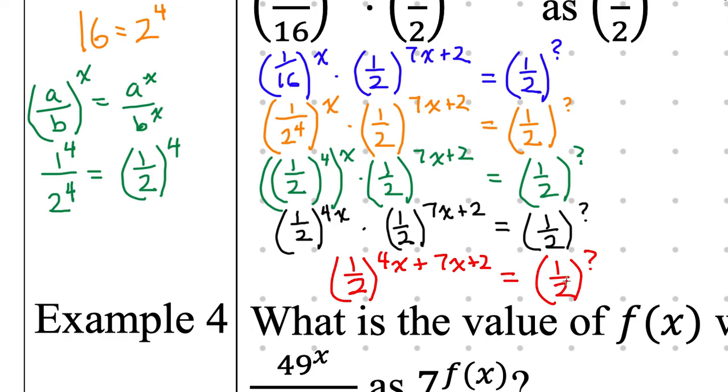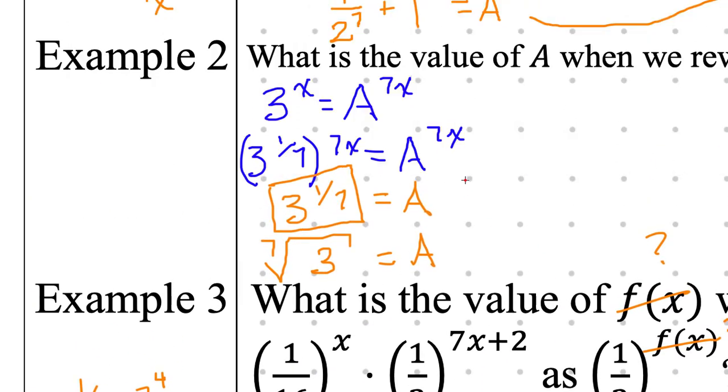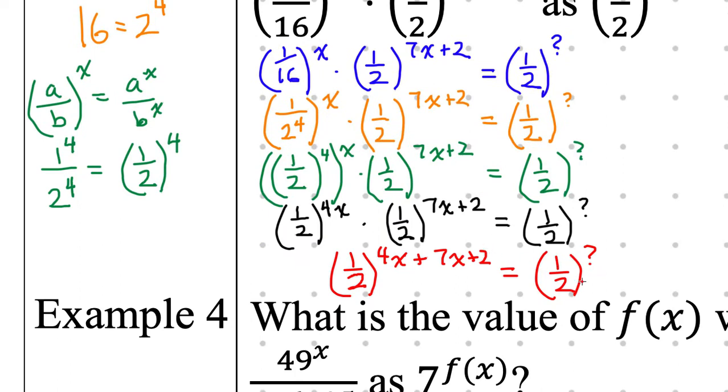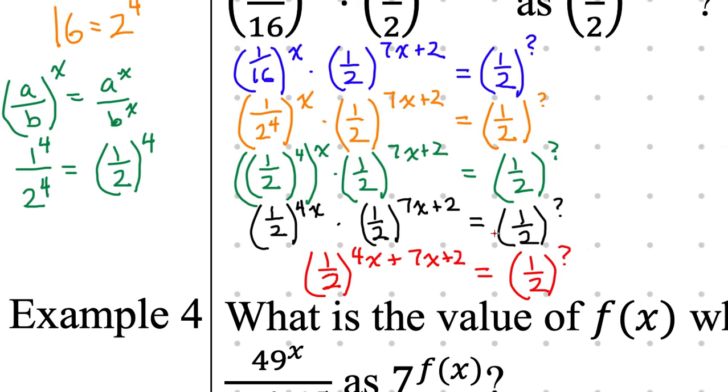Okay, this is the same rule that I was using for every single one of these. If I have the same base and the same base, then the same exponents must also be equal. If I have the same base, I must have the same exponents. And this is another one.